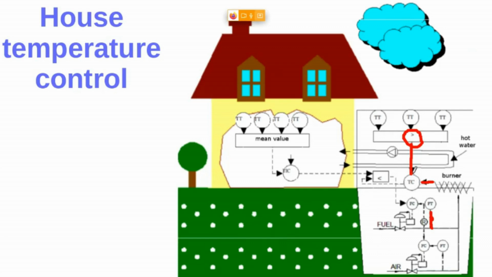And as you can see here, the output of this temperature controller, so the manipulated variable, goes to another selector, right? Well, if the output of a controller is going to a new selector, we can foresee that we have here an override control loop.